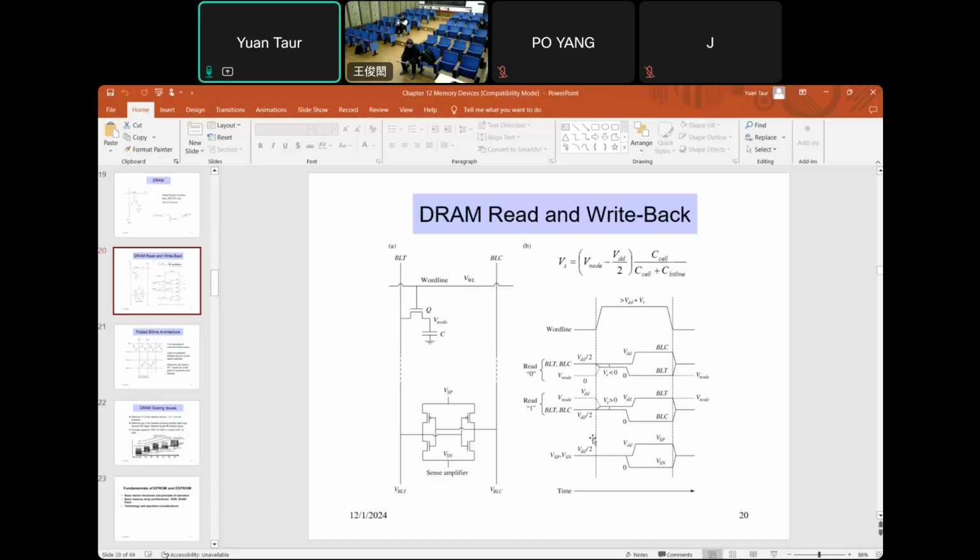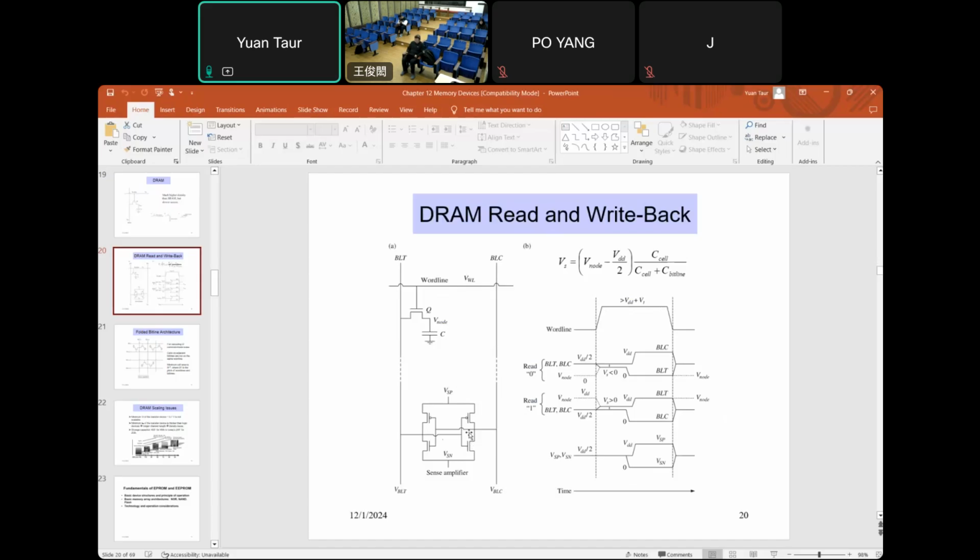Okay, so this has no effect during the read, but during the write back, we apply VDD to VSP and ground to VSN. Okay, so now it becomes a CMOS SRAM, 2 inverters back to back.